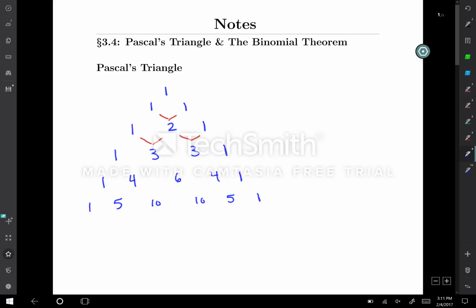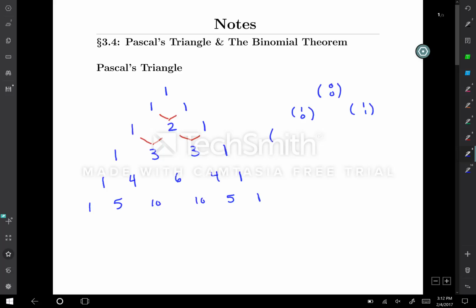Now, as it turns out, each row of Pascal's triangle is related to the choose function that we saw last time. So, the first row corresponds to 0 choose 0. The next row corresponds to 1 choose 0, and 1 choose 1.